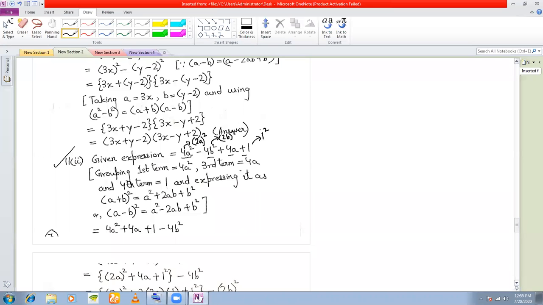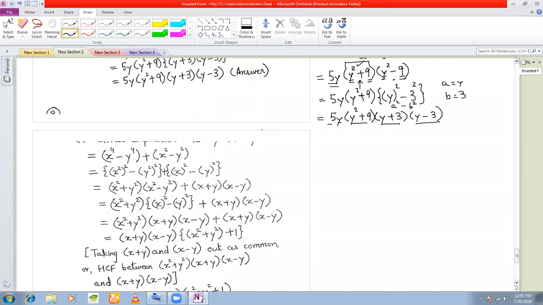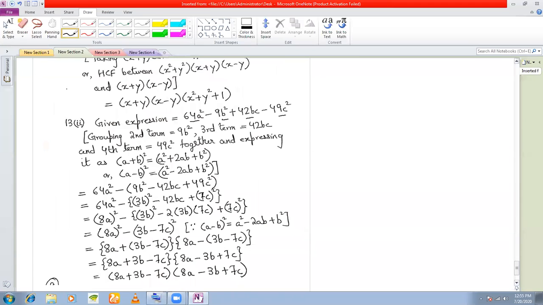See here, there are 3 perfect squares also. This is 8a whole square. This is 3b whole square, and this is 7c whole square, isn't it? So this is similar to the sum that we have done.